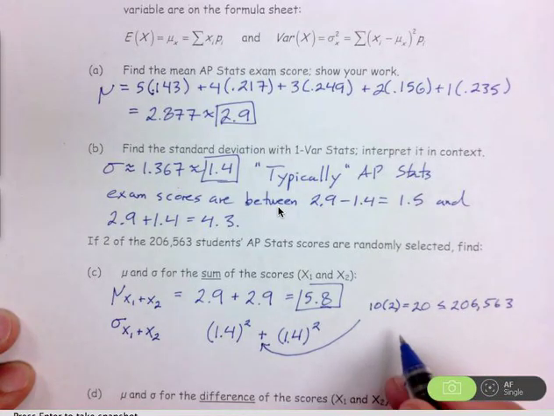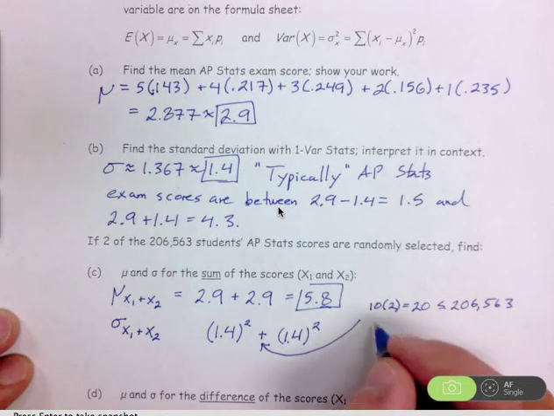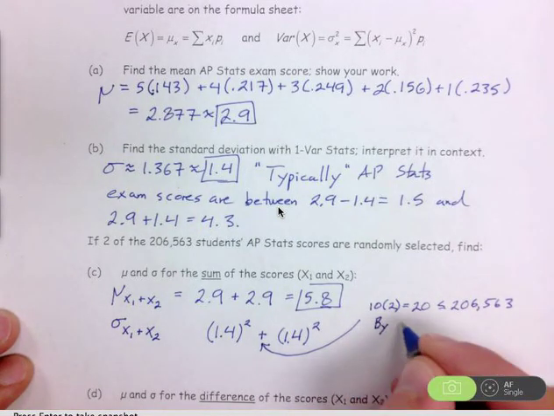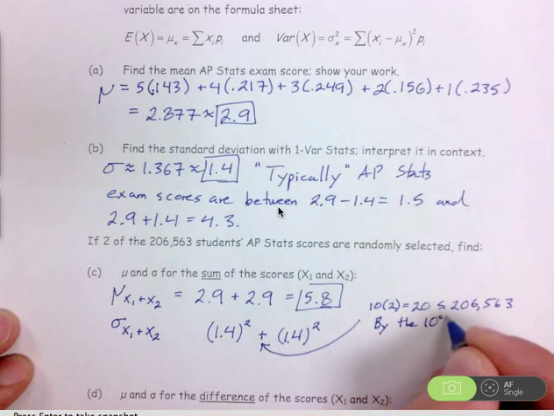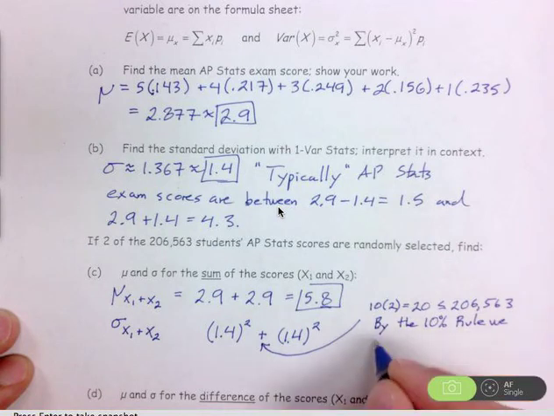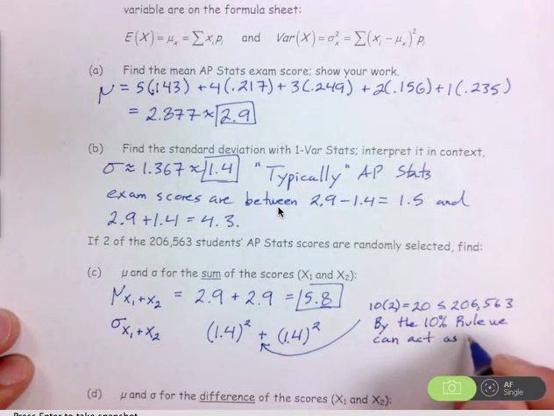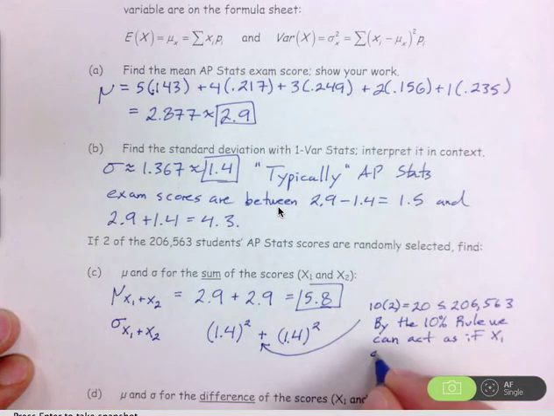So by the 10% rule, I can act as if these 2 scores, x1 and x2, are independent of one another.